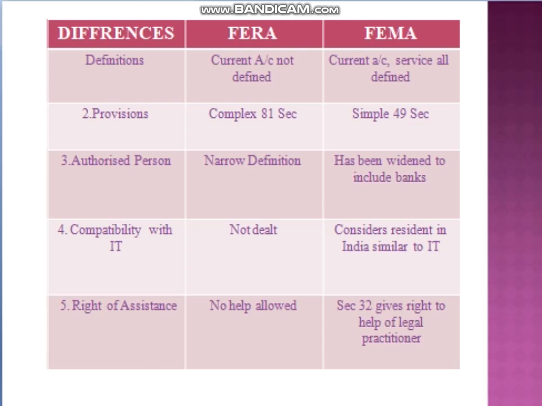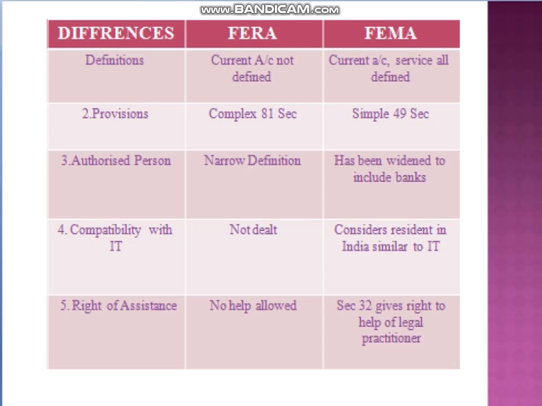This comes under Section 2, subsection B. The definition of authorized person has been widened to include banks, money changers, offshore banking units, etc. under FEMA. It comes under Section 2C. Then compatibility with IT: FERA is not dealt with IT, and FEMA considers a resident in India similar to IT.